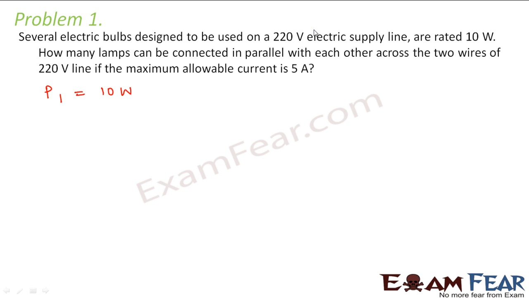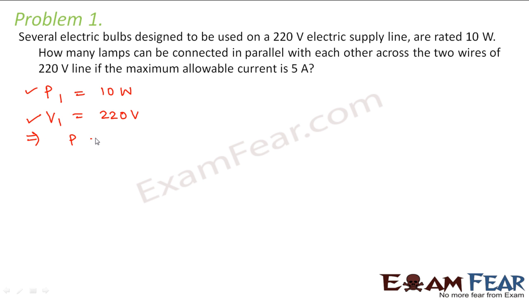And what is the supply line? That means what is the potential difference from the source? That is 220 volts. Using this value of power and potential difference, we can calculate the value of resistance.